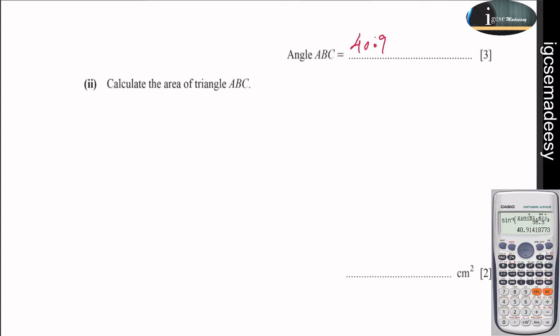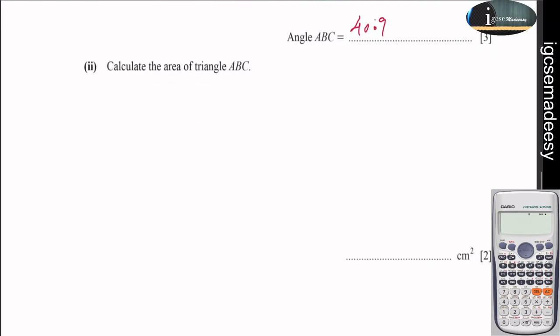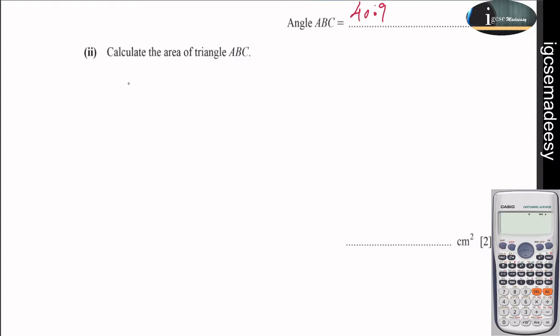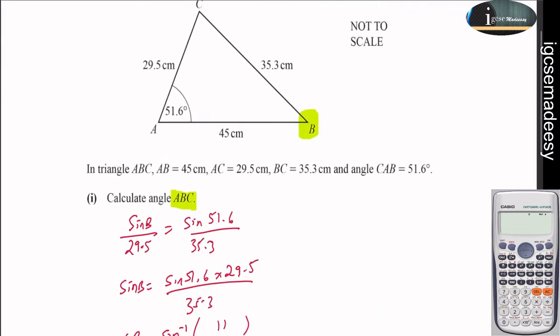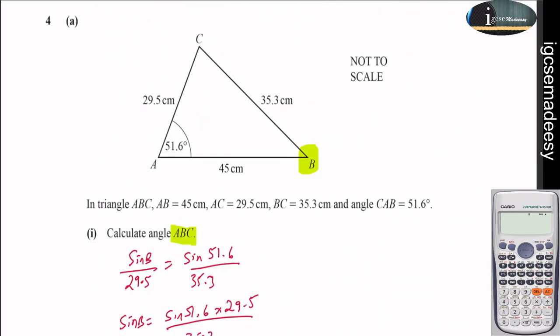So part 2 says calculate the area of triangle ABC. So we can use the sine formula to find out the area. The area of a triangle can be found by half into the two sides, and I'll take this side and this side. The angle that is known, I'll take that in between angle.